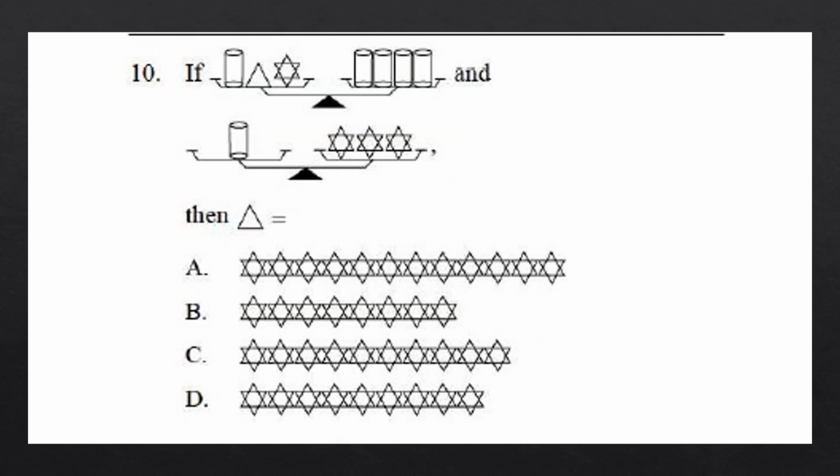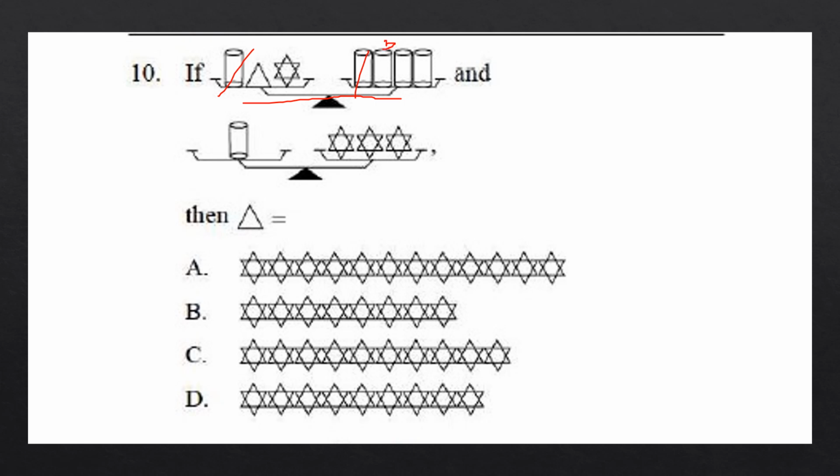Question number 10. If cylinder plus triangle plus star equals 4 cylinders and 1 cylinder equals 3 stars, then what is the value of triangle? In this balance, if we subtract this cylinder from here, that means triangle plus star equals 3 cylinders, and 1 cylinder equals 3 stars.